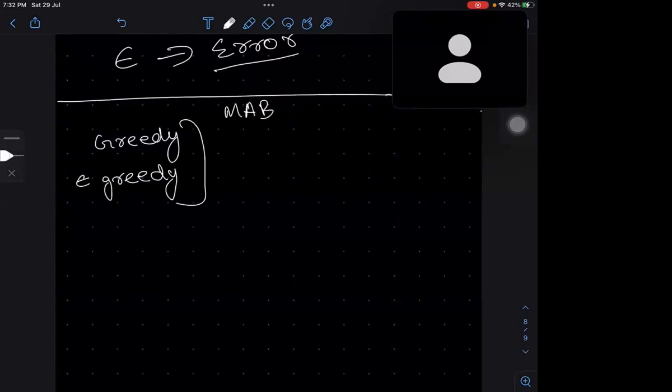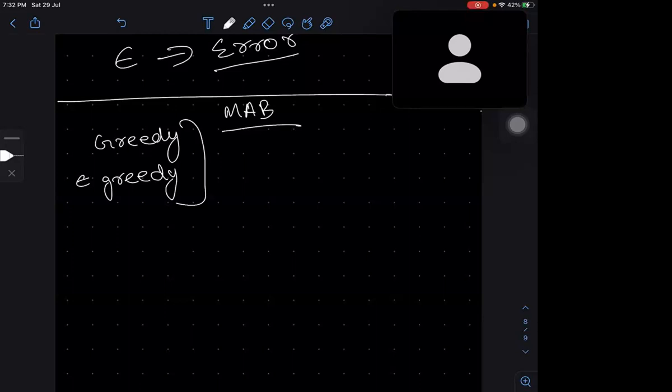Any idea what is this and what is the difference between these? Greedy is just picking the best whatever we have got every time, and epsilon greedy is being explorative with a probability of epsilon. So we are being greedy 1 minus epsilon times. You are perfectly correct.